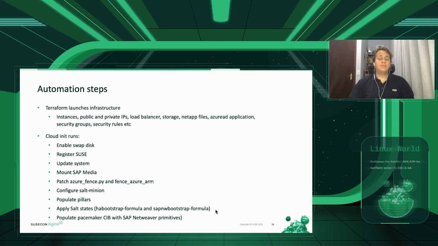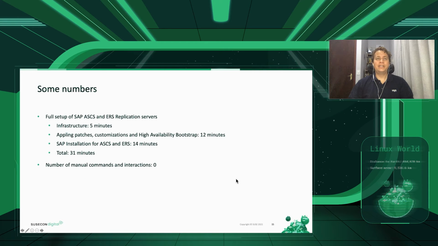So for these steps, we ran them and measured the times. For the infrastructure part, Terraform deploying in Azure takes some 5 minutes to deploy the ASCS and the key replication machine and all the infrastructure needed by this environment.